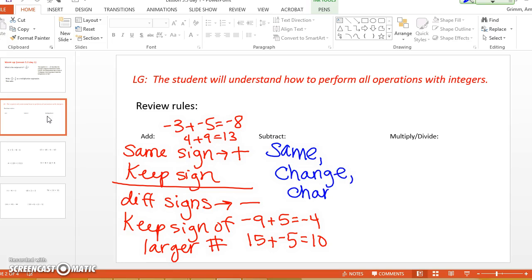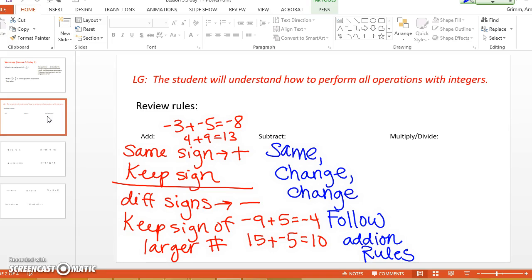And then what rules do you default to after you do same, change? Layla? If it was addition and two positive numbers... No, which rules do I follow afterwards? Yeah, I follow addition rules, right? I do same, change, and then I just revert back to addition rules.